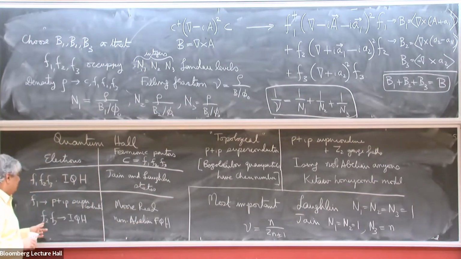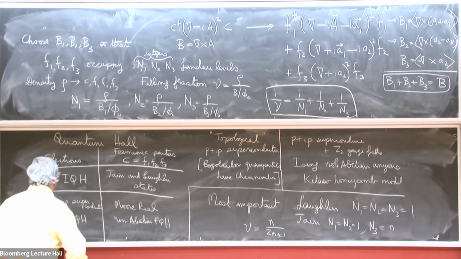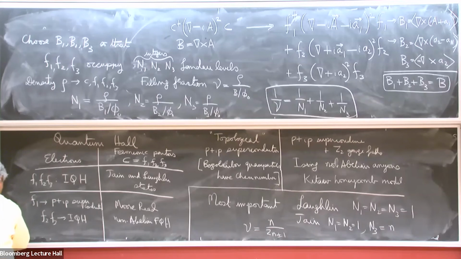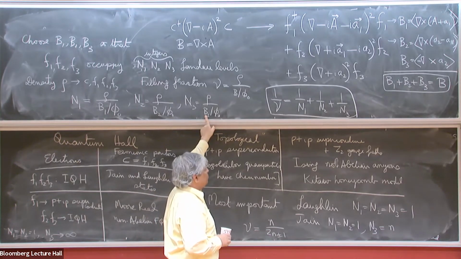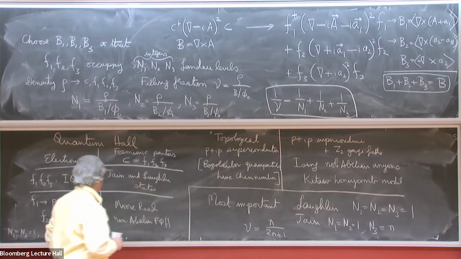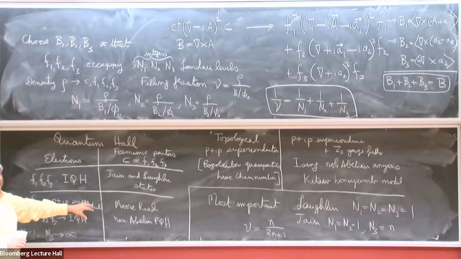So what can happen? To get this state, you take N1 equals N2 equals 1, and you take N3 going to infinity. Meaning that when N3 goes to infinity, that means B3 goes to 0. And so one of the partons is in zero magnetic field, and therefore it can form a superconductor.